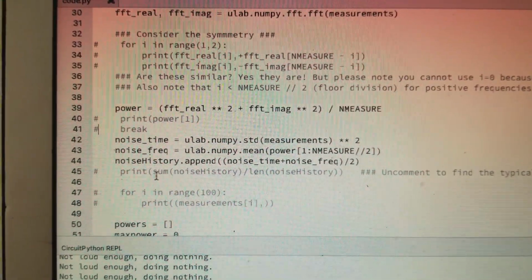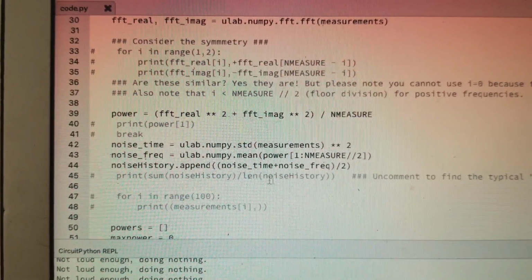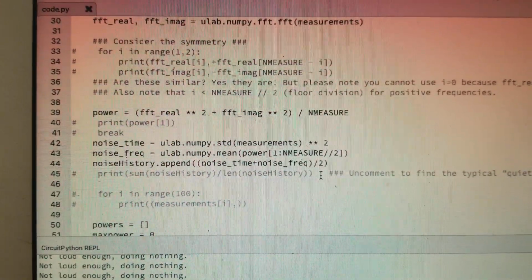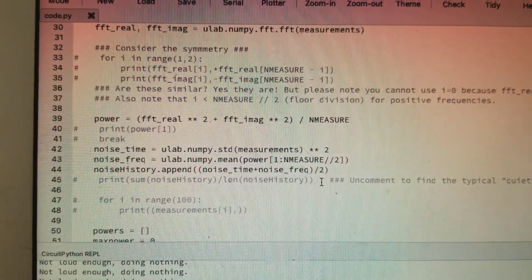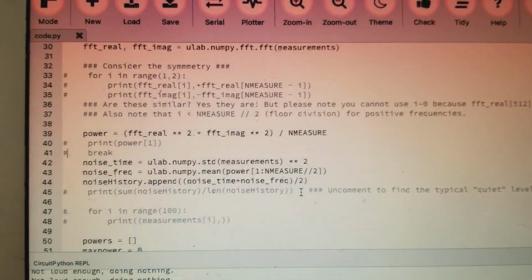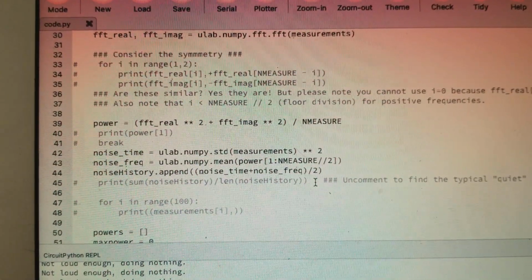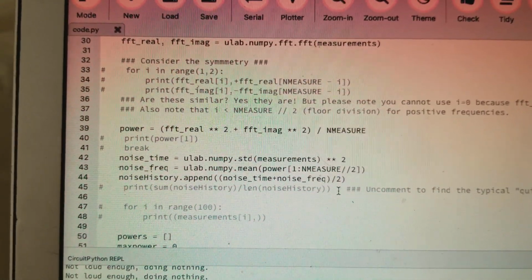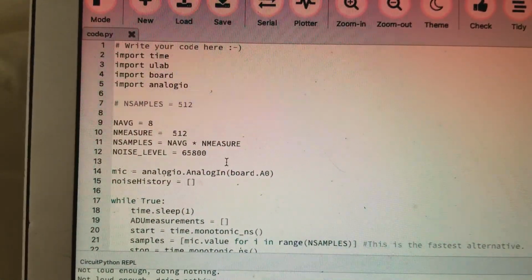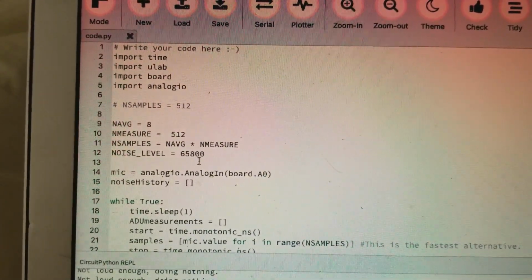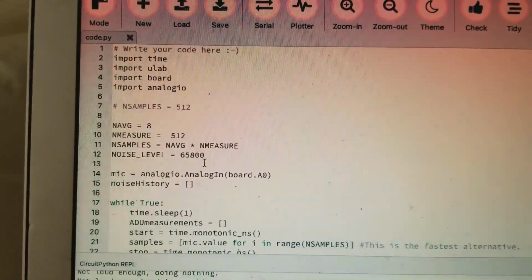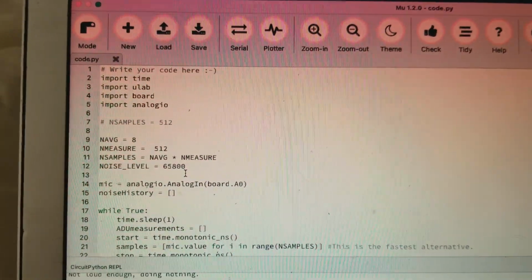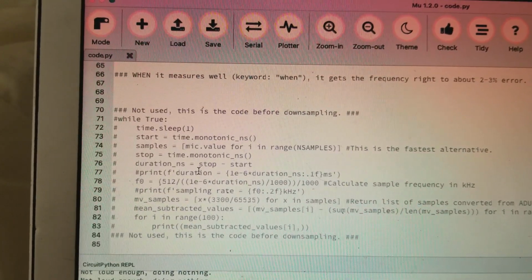And then I would have it print some noise history, the length of noise history, so about average noise over time when it takes a number of samples, and it finds the average of those samples roughly, and I got that to be about 65,800 square millivolts. Now I will move on to the last phase, so that will be demonstrating the different frequencies.